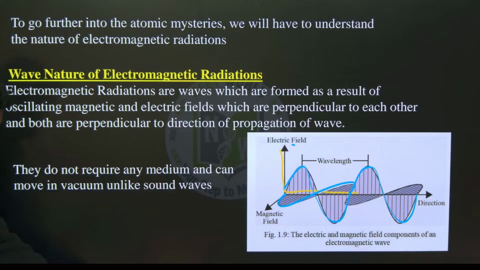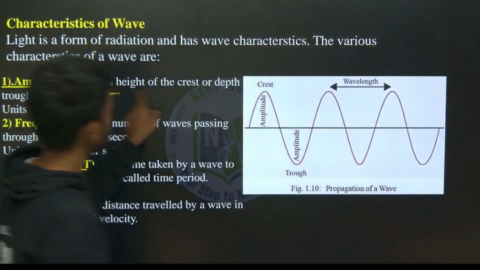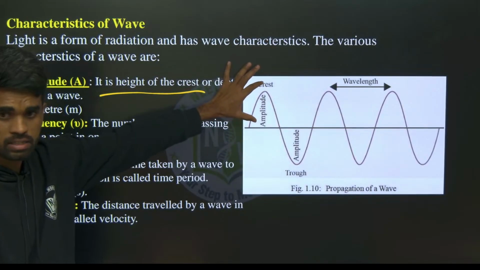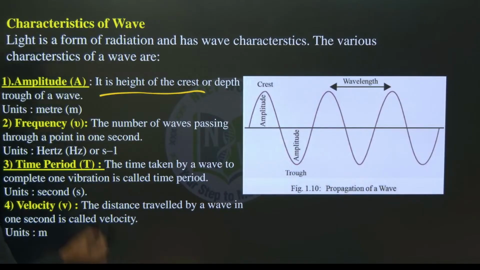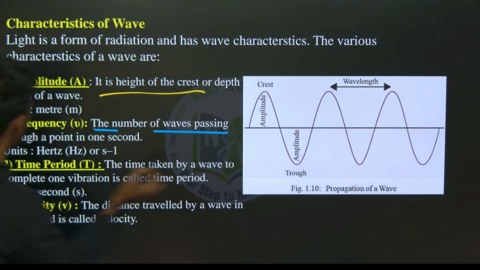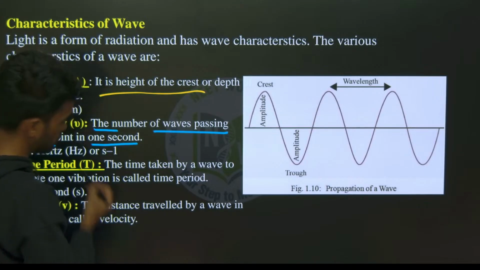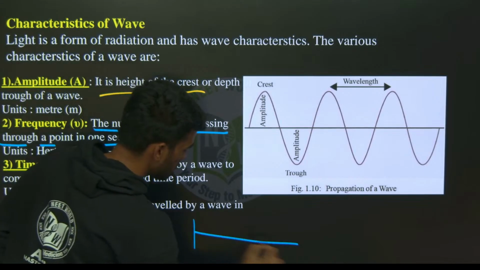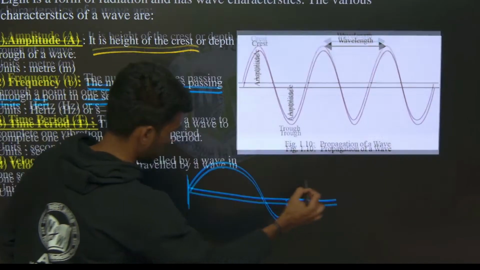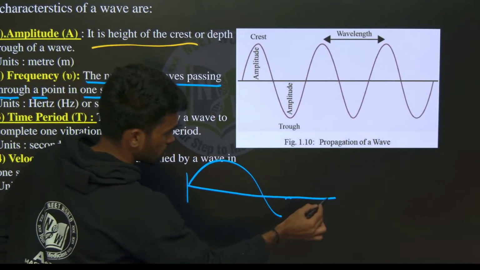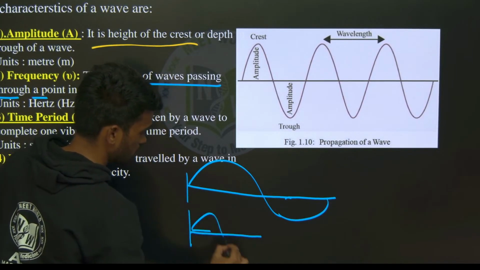Now what are the terms you should know here? Amplitude, as we just discussed, is the height of the crest or depth of a trough. Next, frequency means the number of waves passing through a point in 1 second. For example, if wavelength is more, frequency will be less. I am writing a wave this much bigger, and another with this much.